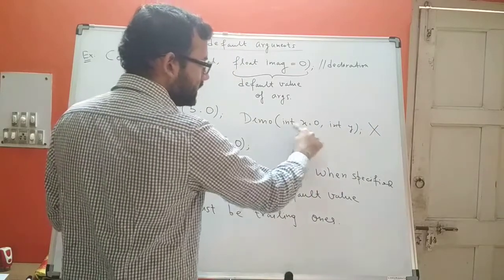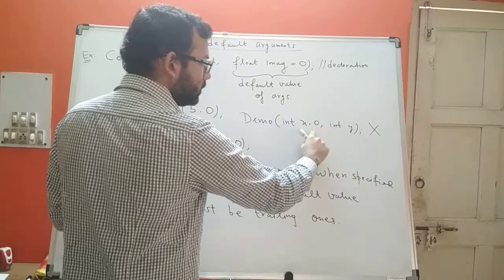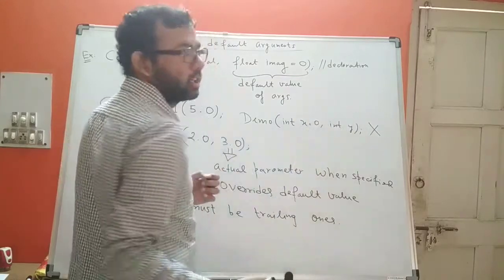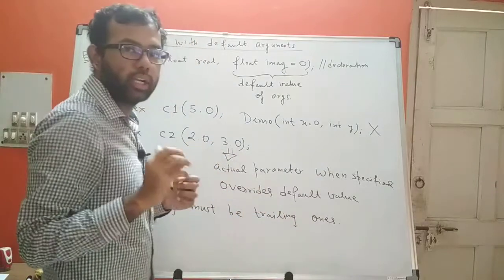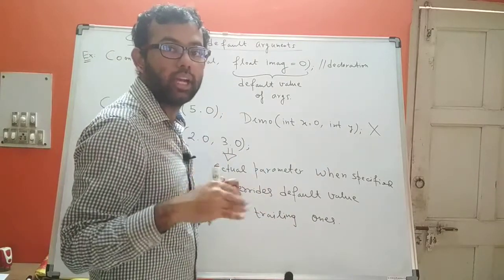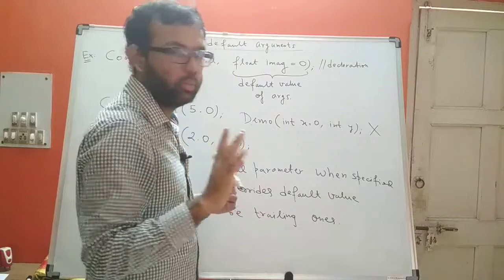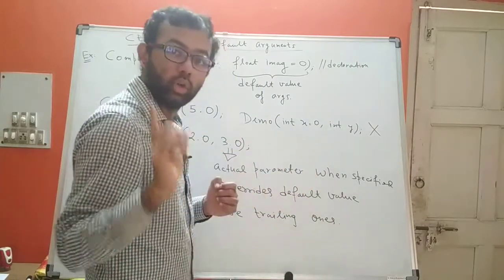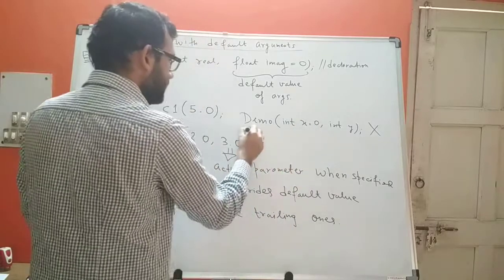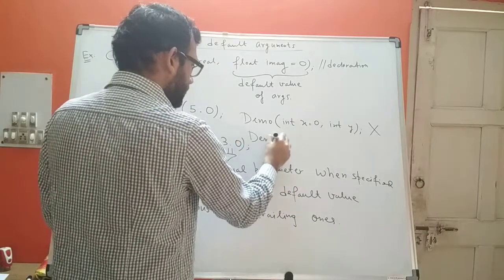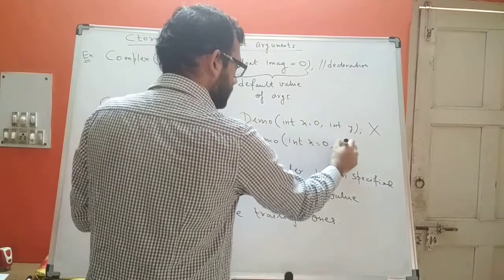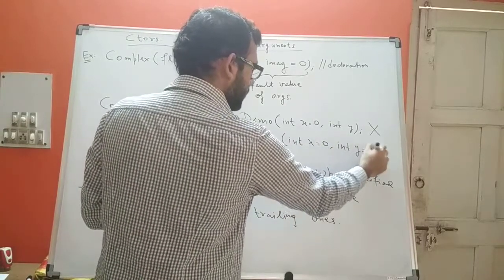Why? Because this is a default argument, but the default argument does not appear at the end. After this default argument, I have another argument. That will never happen. A default argument will never be followed by another argument which is not a default argument. But something like this is allowed: int x equal to 0, comma, int y equal to 1.